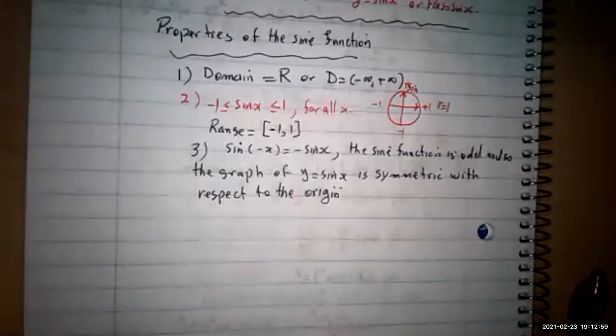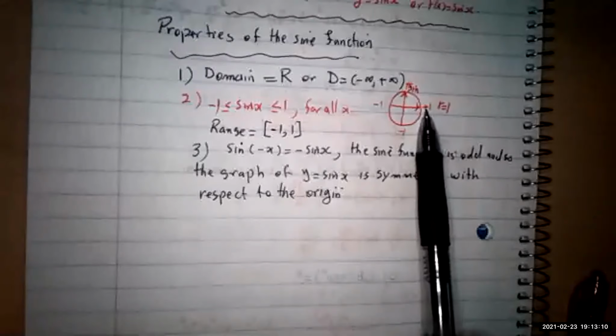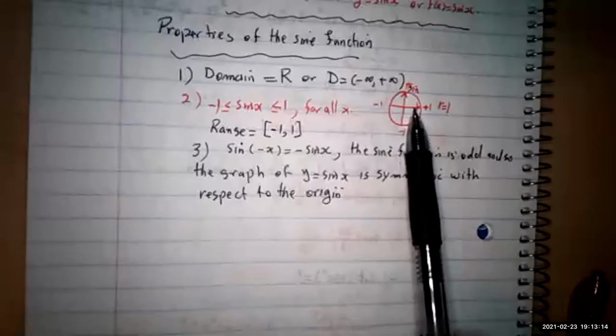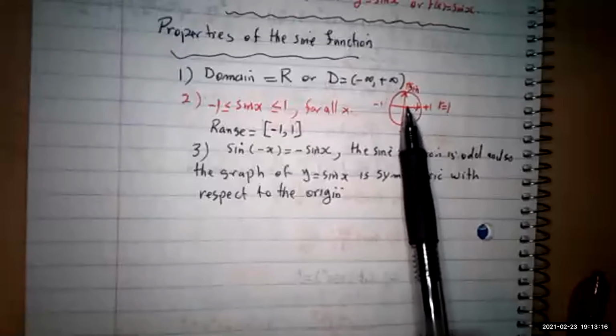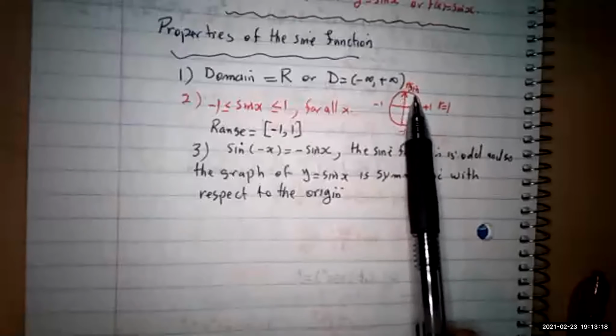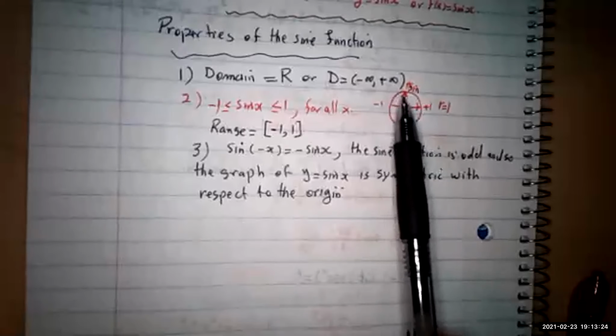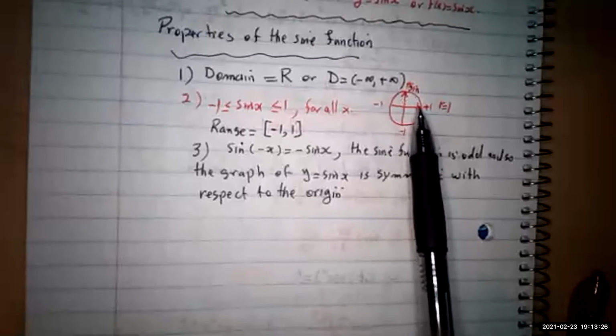Now, what's the next property? Remember those reference angles that we talked about. If you go around the circle, it's 2 pi. But if you have a number greater than 2 pi, then you come back again. For 405, it's 360 plus 45. So when you go around the circle once, you get back to whatever you had before.